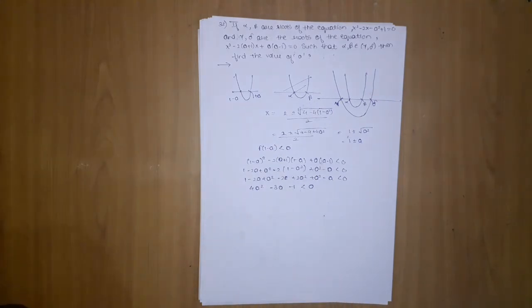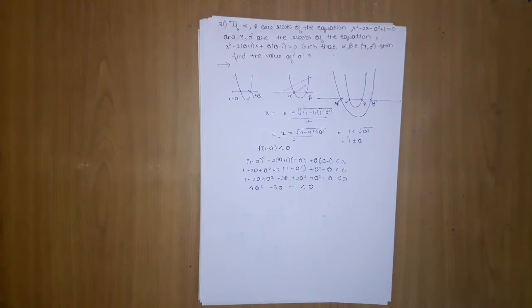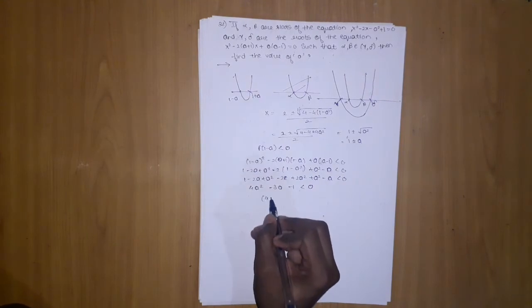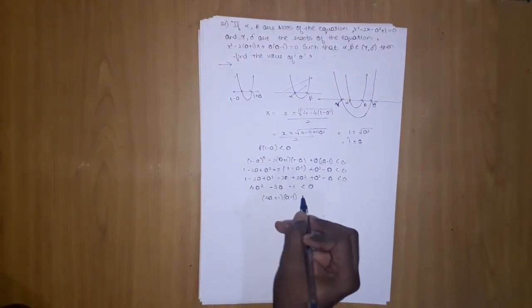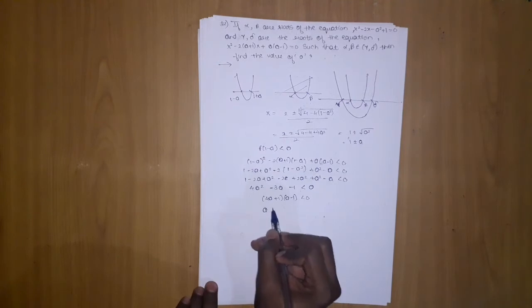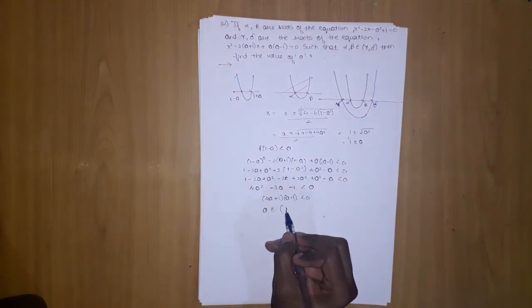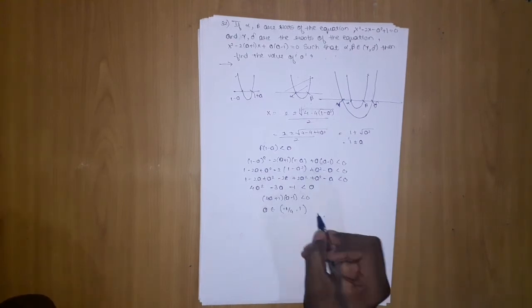Can we get something here? Yes, 4a square minus 3a minus 1. If we solve it, we will get (4a plus 1)(a minus 1) should be less than 0. Now what can we conclude from this? If we plot this, we will get a belongs to (minus 1/4, 1). Okay guys, this is the first.